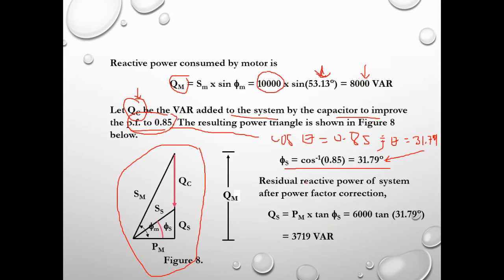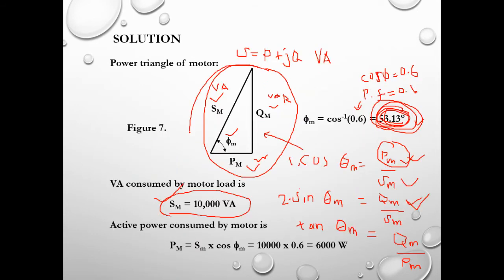So that gives us an idea that if we overlay the new power triangle on the previous power triangle, the new theta S should be drawn somewhere here, lower or smaller than theta M. The QC is acting on this line QM, going down with QC amount.